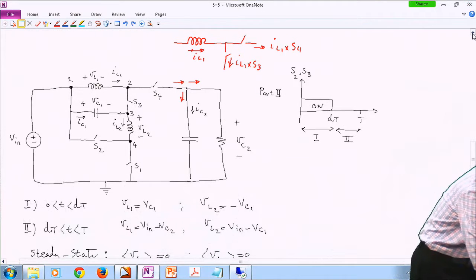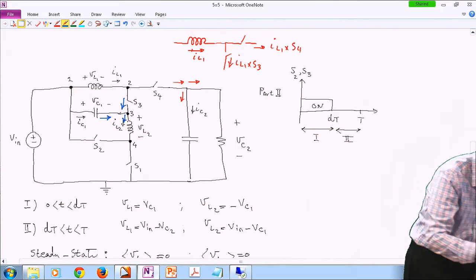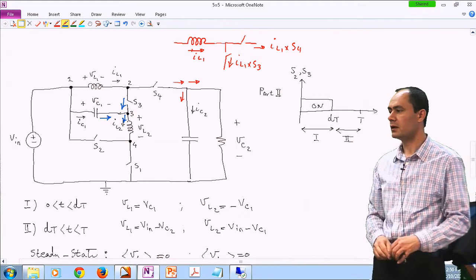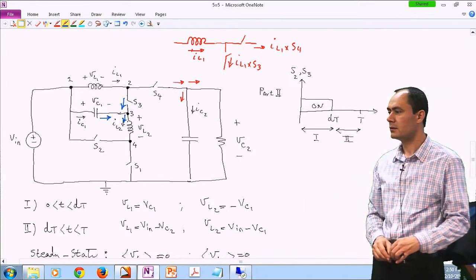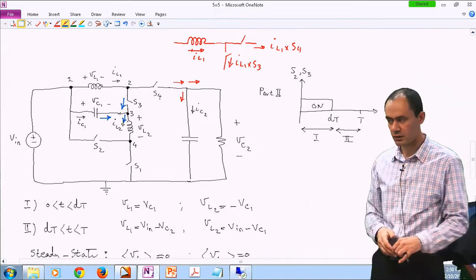All right, let's use blue this time. So we are trying to identify this current, which is this current minus this current, right? And the top current is IL1 times S3, okay?